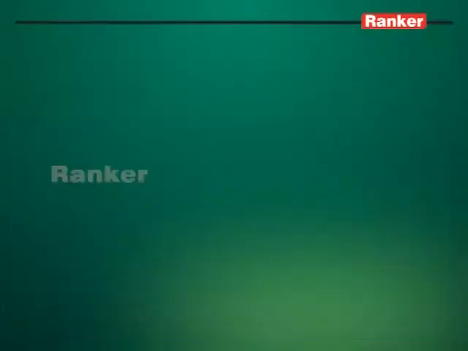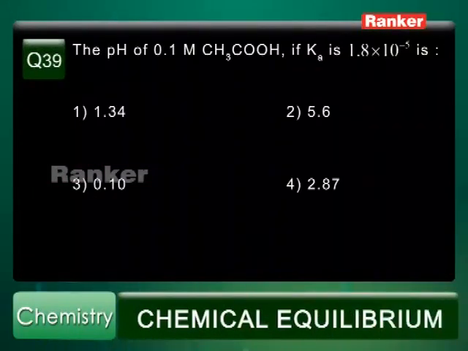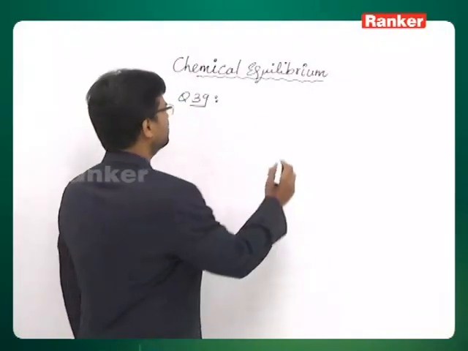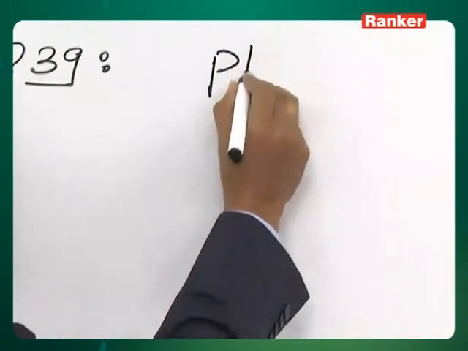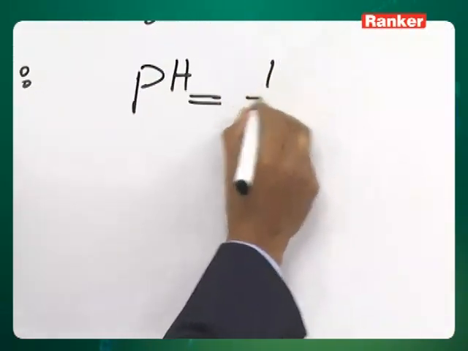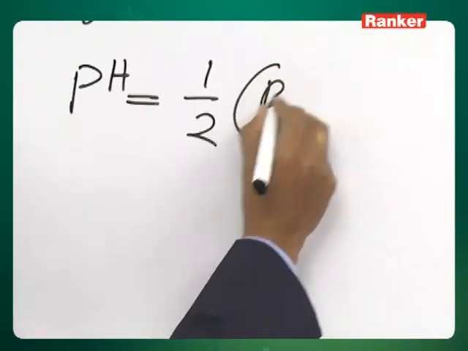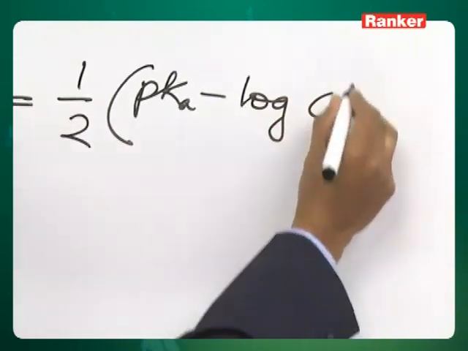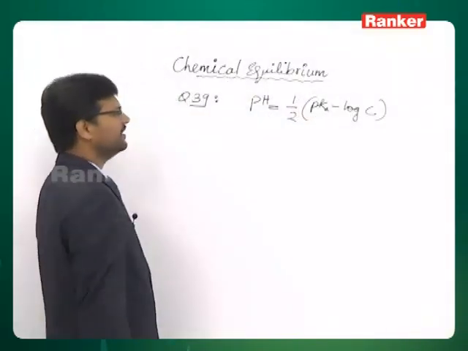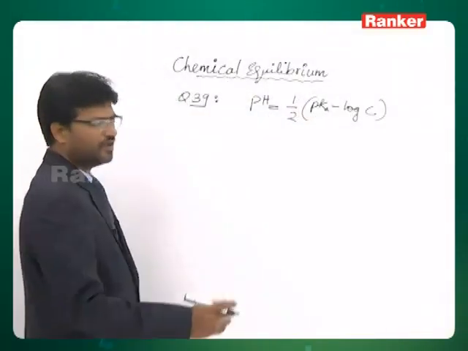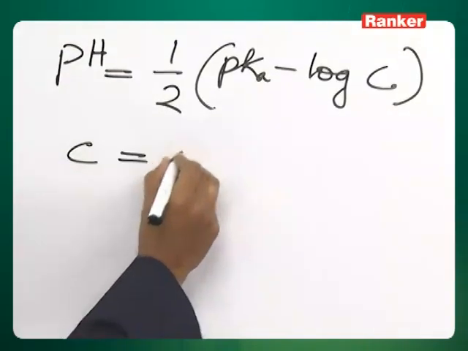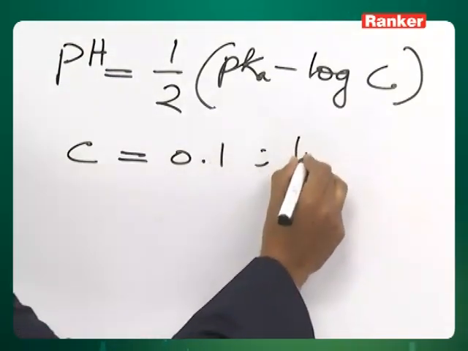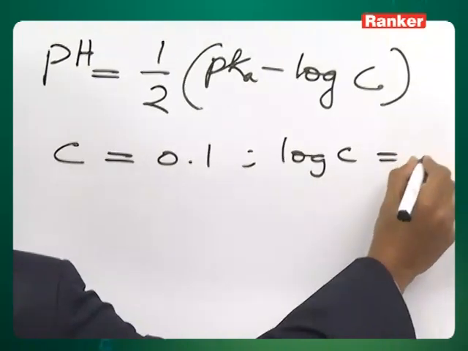Question number 39. The pH of 0.1 molar acetic acid, if Ka is 1.8 into 10 raised to minus 5, is. Look at the formula. For a weak acid, the formula is like this: pH equals half into pKa minus log C. This is the formula used to calculate pH of a weak acid. Now, C is given as 0.1, so log C will be equal to -1.